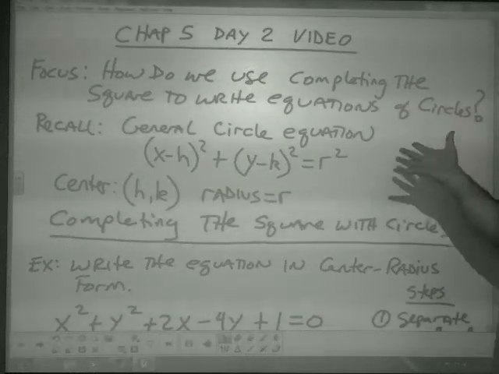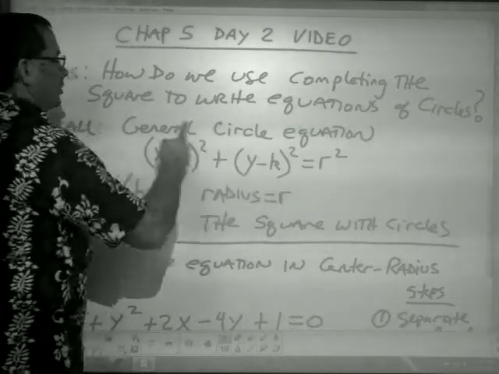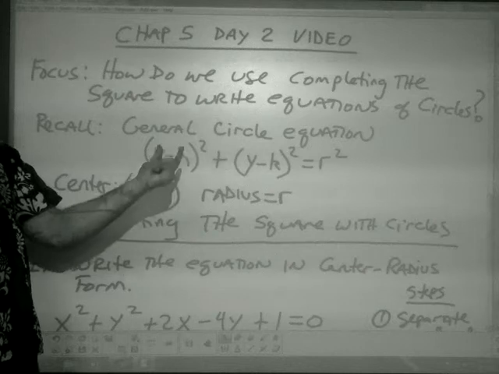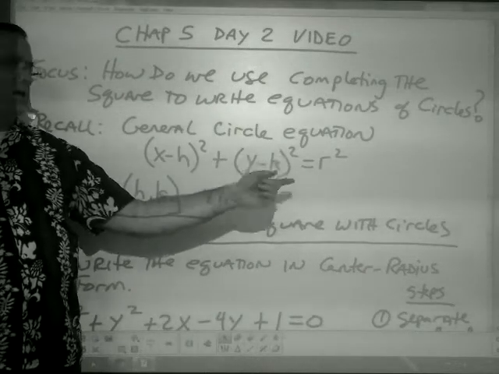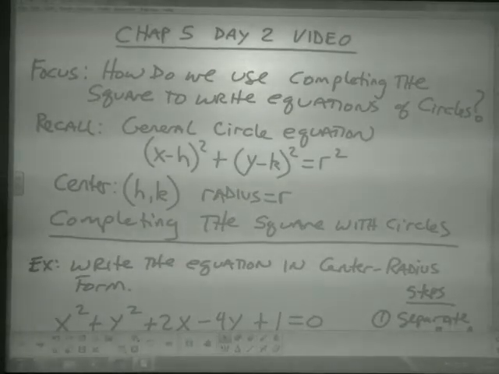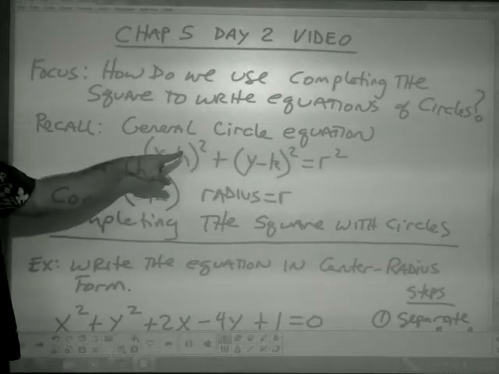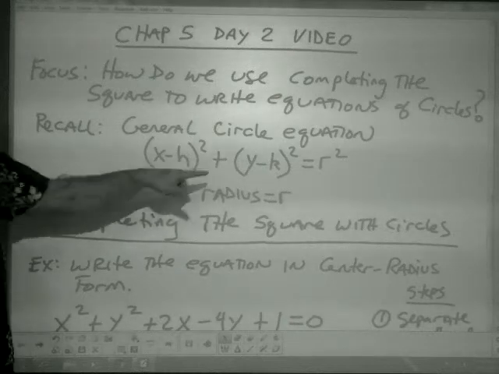Let's see, circles, I don't remember that. Well, we recall from geometry, you have a general circle equation, all right? And if you remember from geometry, the general circle equation was x minus h quantity squared plus y minus k quantity squared equals r squared. And that was the general formula for a circle, all right? Where the center was the h and the k. Whatever, if this was a minus a number, it was just that number.